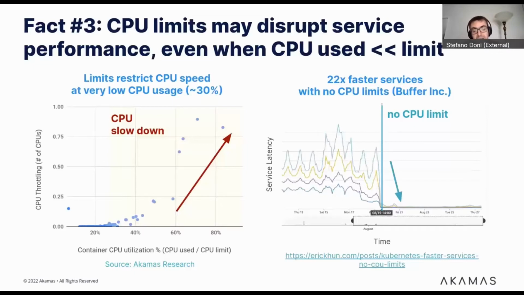And what we discovered was pretty interesting and unexpected: CPU throttling can happen pretty early, when CPU usage is only up to 30% of the CPU limit. That was not what we expected. We expected something much higher, like 80%, so that when we get close to the limit, we start to be throttled.